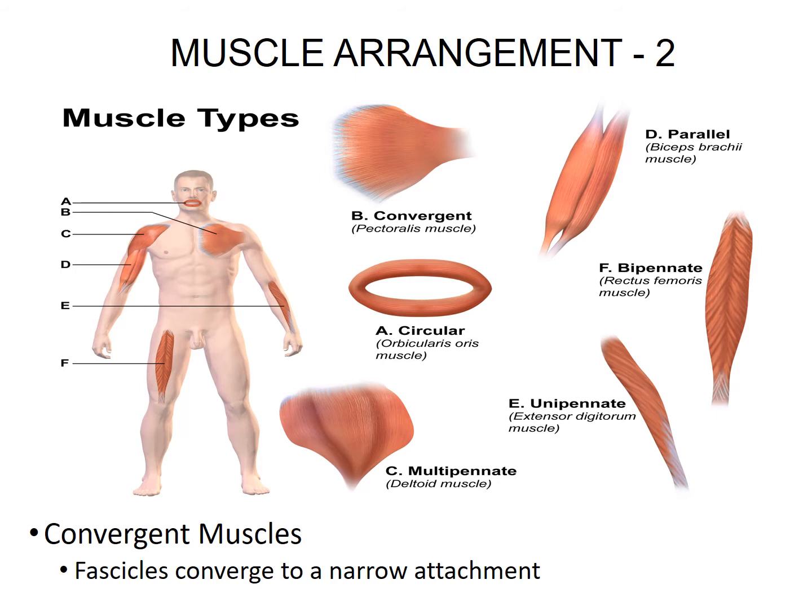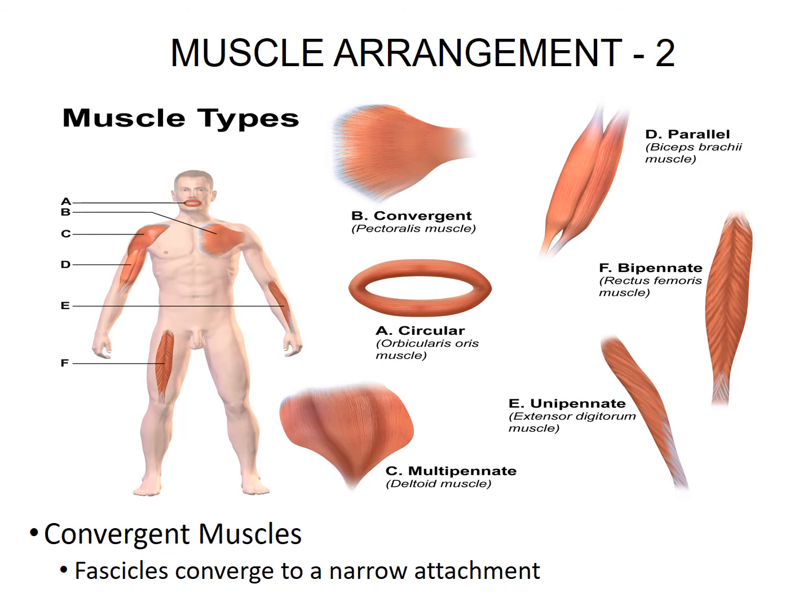Another type of arrangement is a convergent muscle. And basically what convergent means is all of those fibers, instead of staying parallel, converge or come to one place on the tendon or the bone.